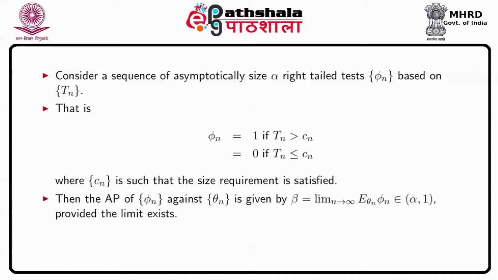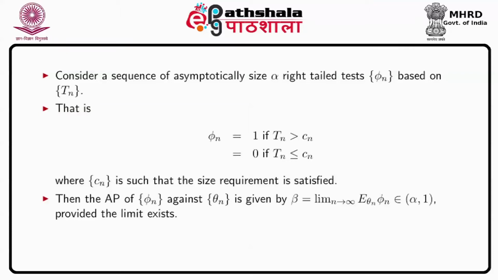That is, phi_n is equal to 1 if Tn is greater than Cn and 0 if Tn is less than or equal to Cn, where Cn is a sequence such that the expected value under theta of phi_n tends to alpha for all theta belonging to omega naught.